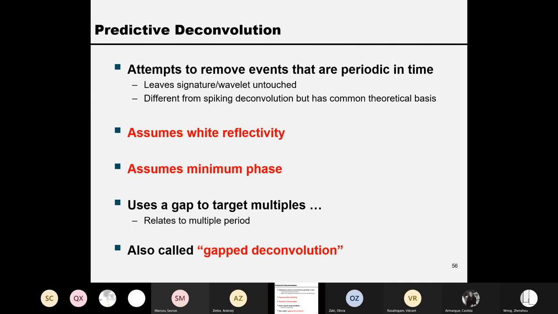So this method is also called gap deconvolution. In predictive decon, there are two parameters. One is the gap, which means this part next to zero lag is untouched, you keep that. Another one is the filter length, as in spiking decon, right?